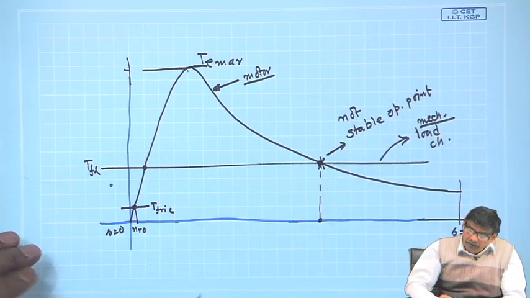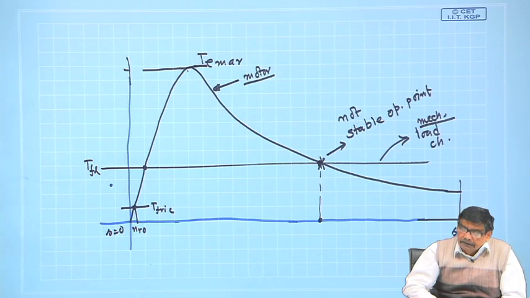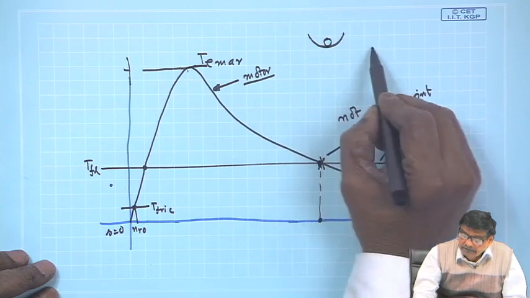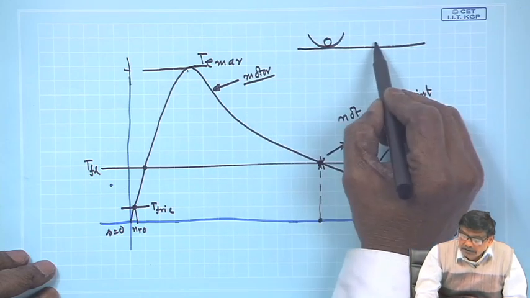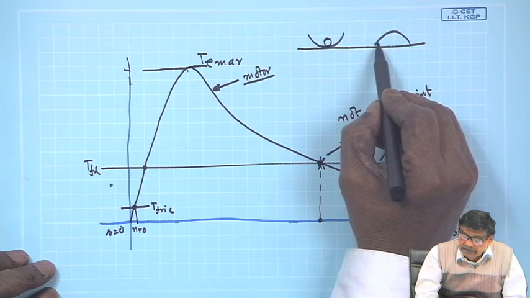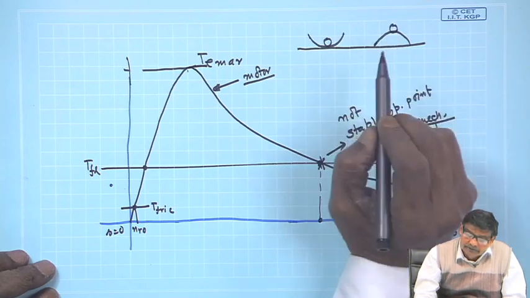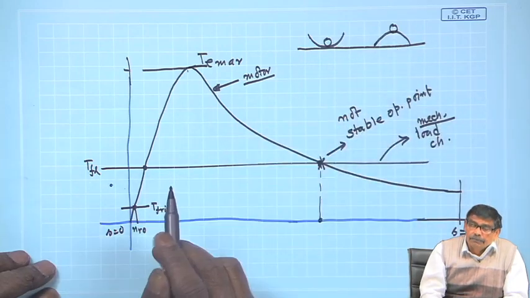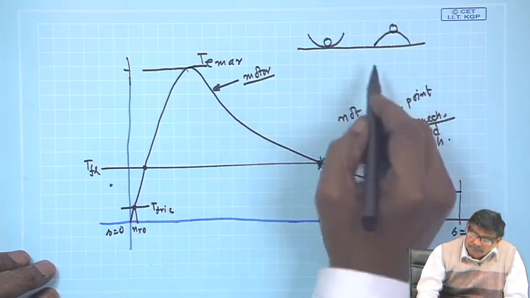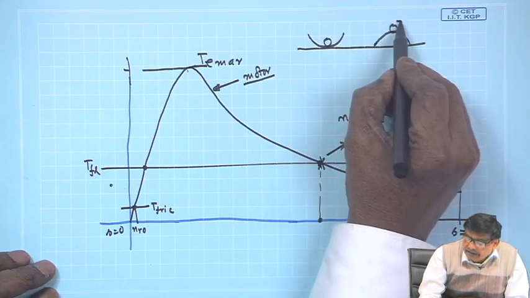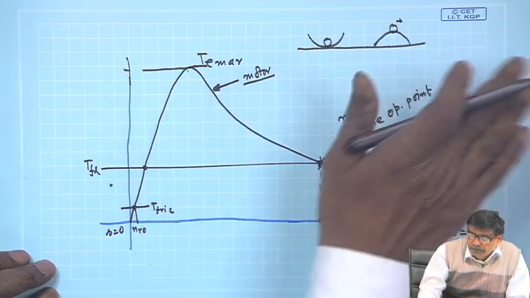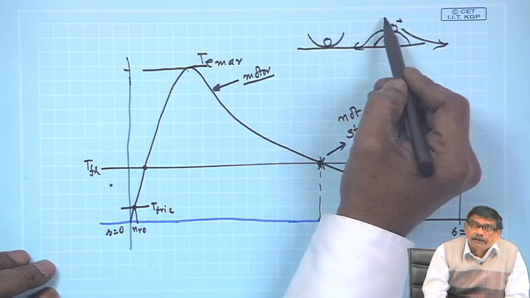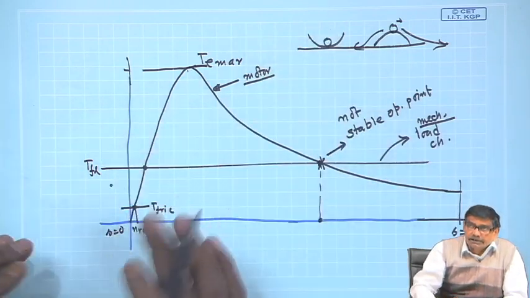Why? How do you test stability? Suppose we say that a ball is kept in a bowl, this is the floor, and you have another bowl which is kept inverted, and keep these two balls. This one is stable, this ball is not stable, critically stable, because when a slight disturbance comes, wind blows, this fellow will roll down and it will never come back on its own to the original position, it cannot.